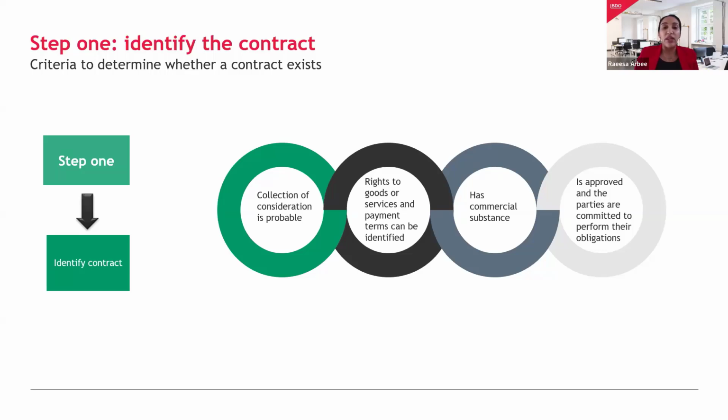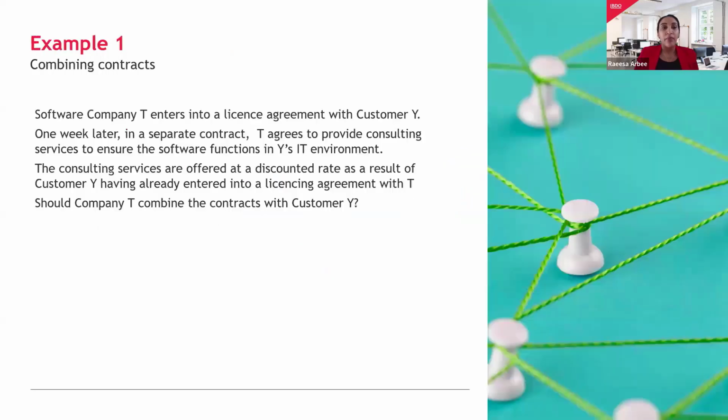Another consideration in step one is where they have multiple contracts with the same party and whether those should be combined. So let's look at an example of this. Here we have software company T, which enters into a license agreement with customer Y. A week later, in a separate contract, T agrees to provide consulting services to ensure that the software can function in Y's IT environment.